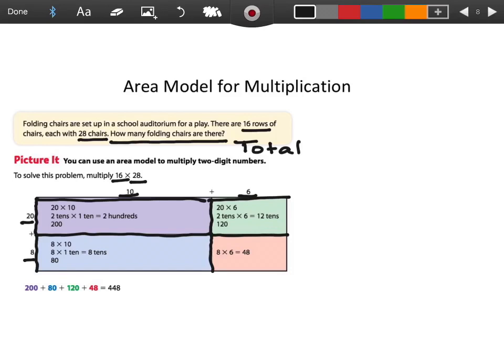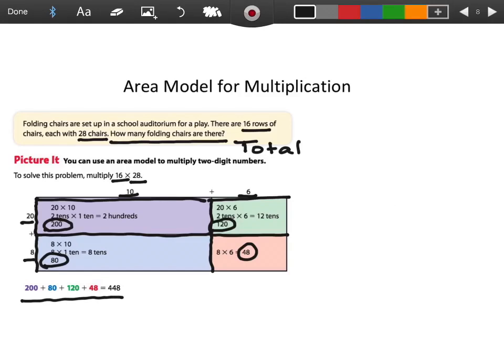Now that I have all these little pieces, 200, 120, 80, and 48, those are called my partial products, and all I've got to do is add them up because they are part of the product. So you can see down here at the bottom where they have written them out and then they've added them up.